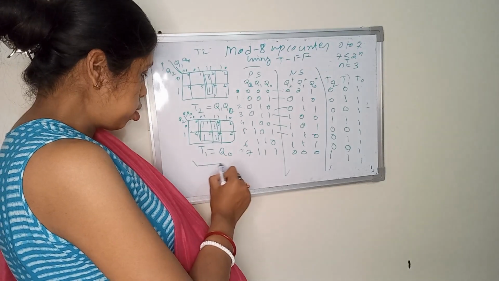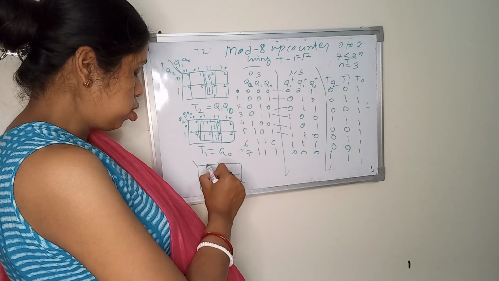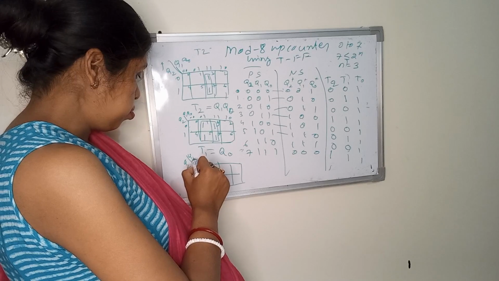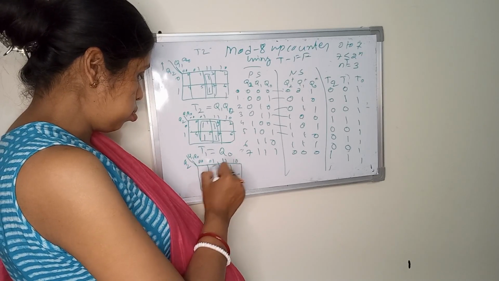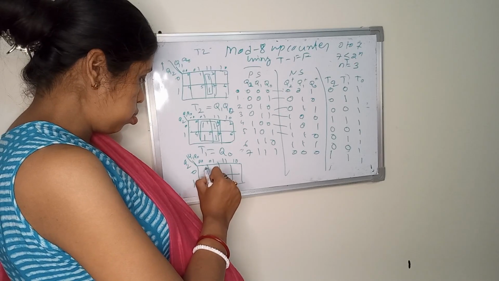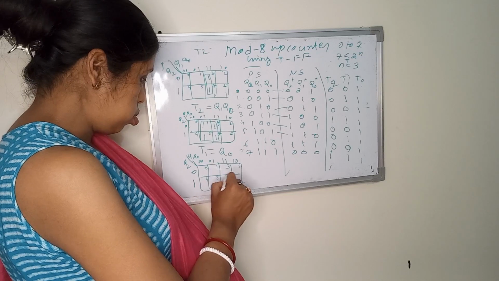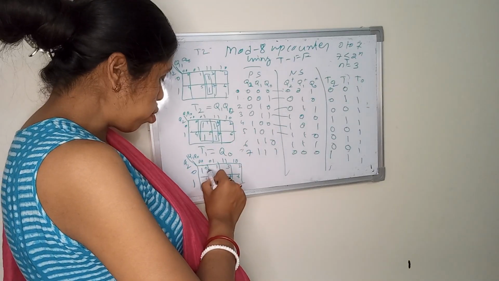Now I am doing it for T0. So for this case, all are 1.